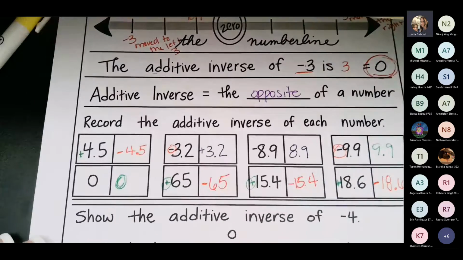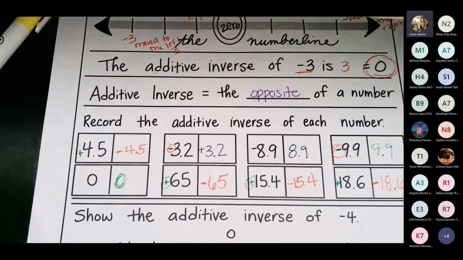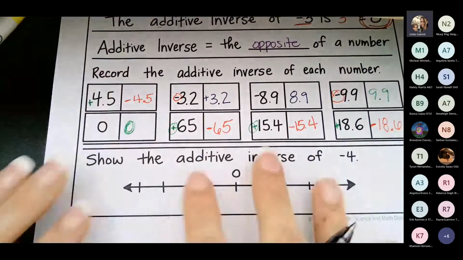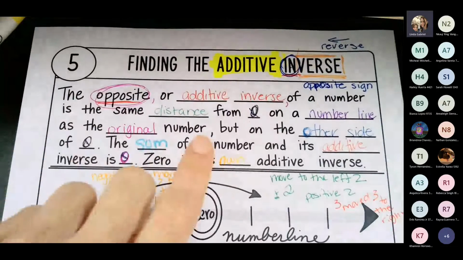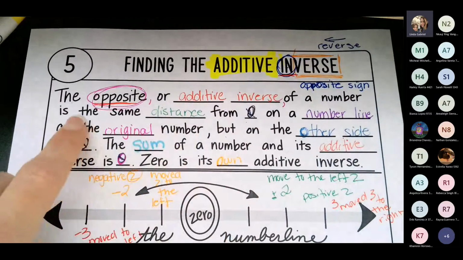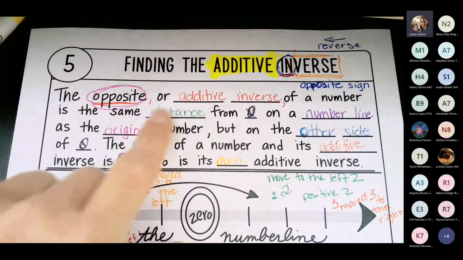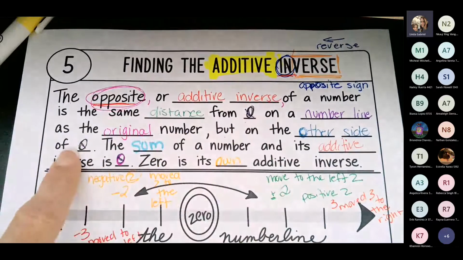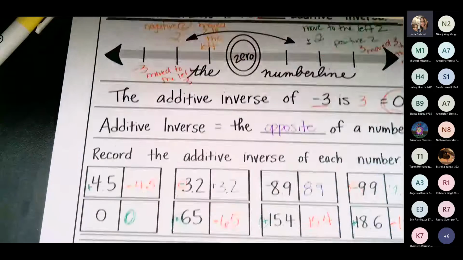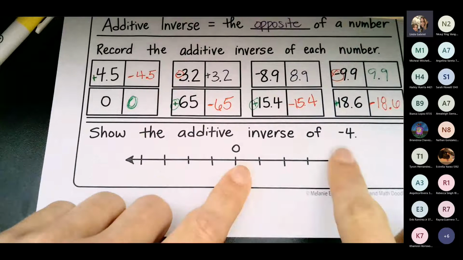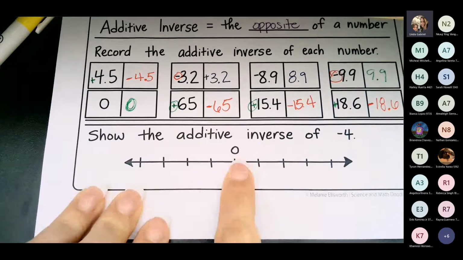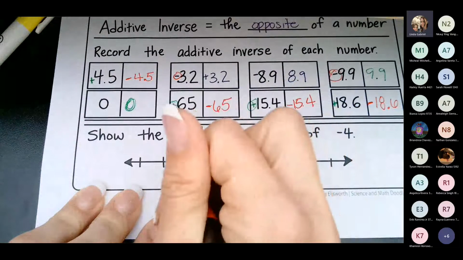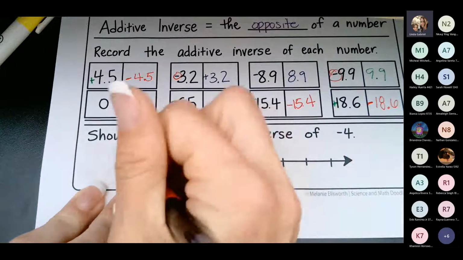All right, so show the additive inverse of negative 4. Remember our rule says to find the distance, in essence. The additive inverse of a number is the same distance from 0 on a number line as the original number. So if we go over here, I have negative 4, right? So I'm going to move to the left. That's where my negative digits will be. Negative 1, negative 2, negative 3, negative 4.